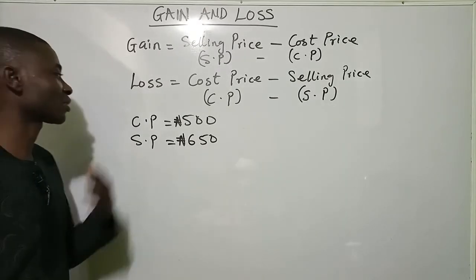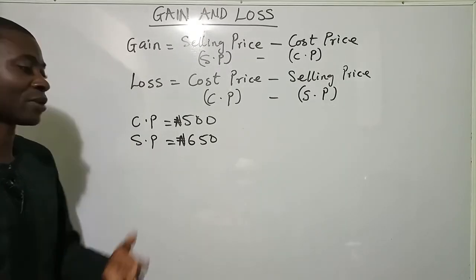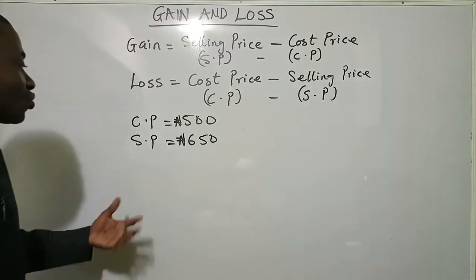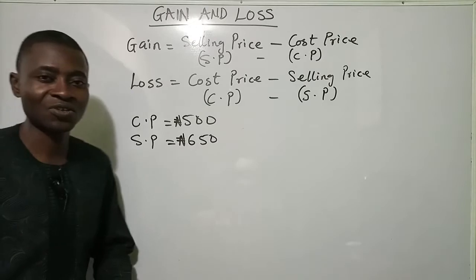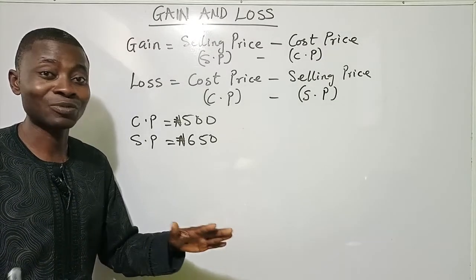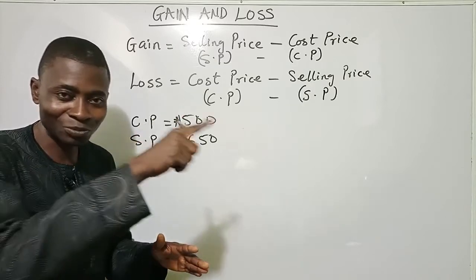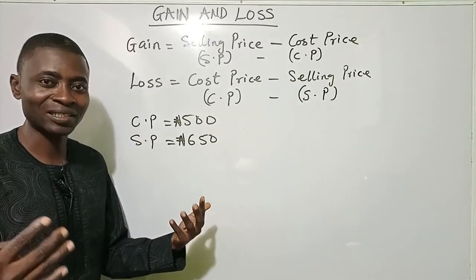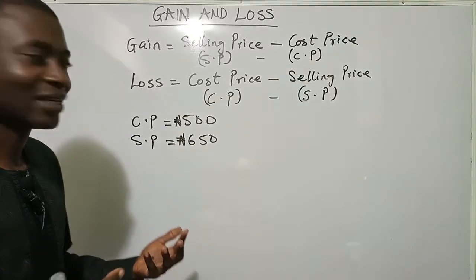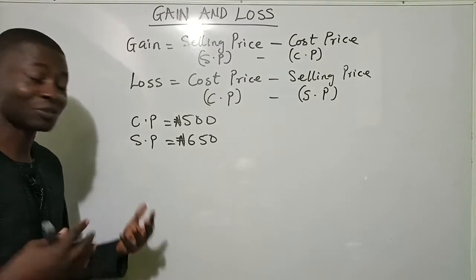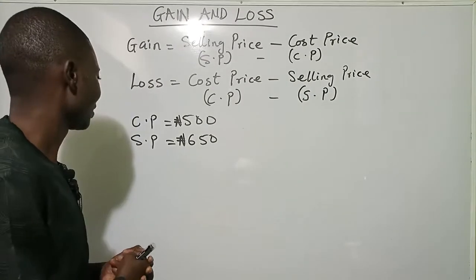Imagine you see a question that says Mr. Joshua went to the market and bought an article costing him 500 naira and then sold it for 650 naira. If the question says calculate his loss, without being told, you know there's something wrong with that question. But what if the questioner says calculate his profit that Mr. Joshua made? It's very easy.